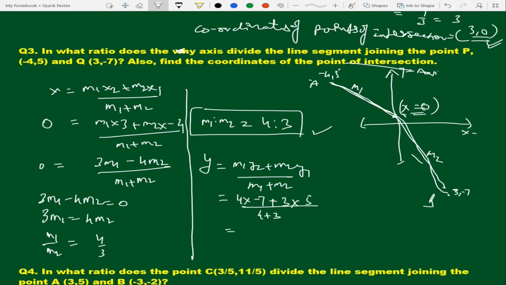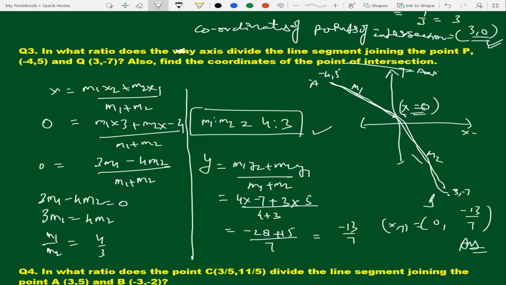So this will become (minus 28 plus 15) upon 7, so minus 13 by 7. Clear? So the coordinates x comma y of this point of intersection will be 0 comma minus 13 by 7, right? This is our required answer.